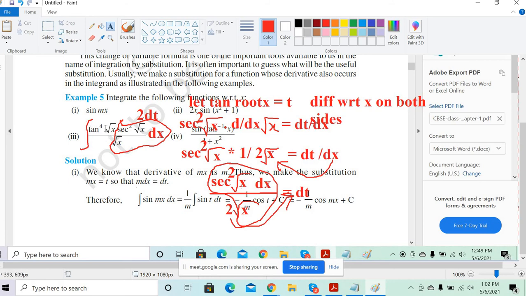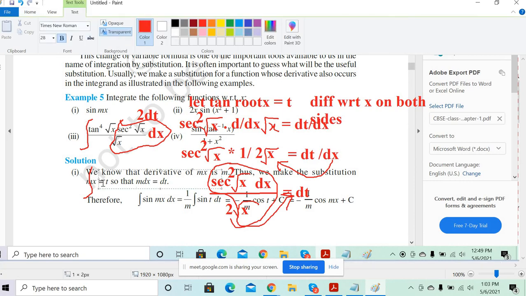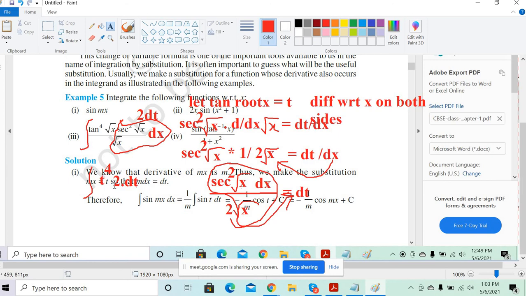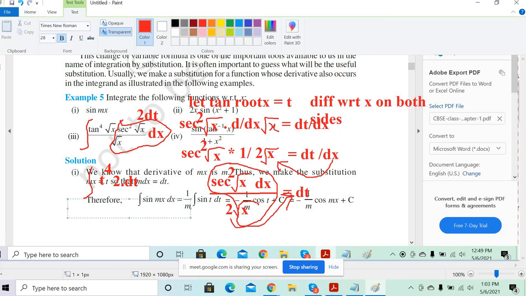And the only left part is tan power 4 root x, which can be easily replaced with what? Because we said tan root x is t, this becomes t power 4, because the whole power is 4. And this is into 2 dt. 2 is anyway a constant, it can come outside now.